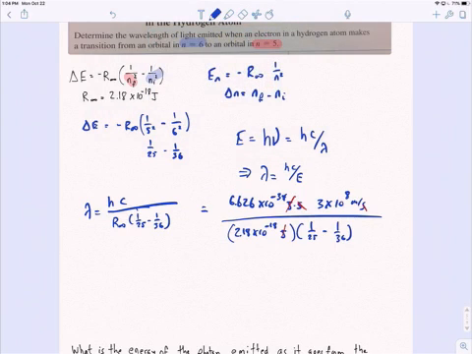So let me go ahead and do that. 6.626 e minus 34 times 3 e 8 divided by 2.18 e minus 18 divided by the difference.